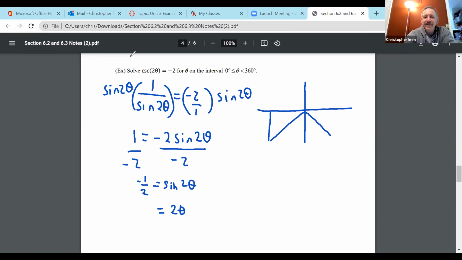And remember, I'm dealing with 2 theta here, but I could just call this some other angle like x. So x is equal to 2 theta. Sine is opposite over hypotenuse, right? So I have a 1 to root 3 to 2 triangle. And I have this over in the fourth quadrant as well.